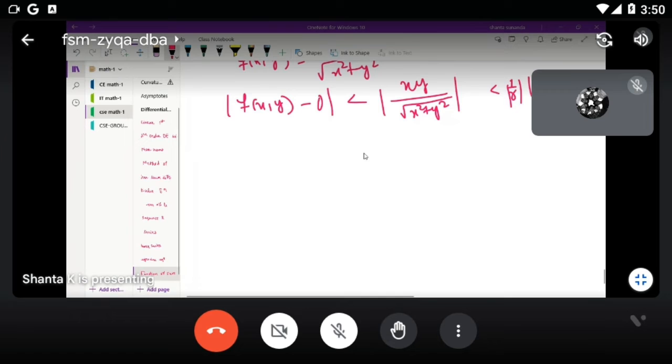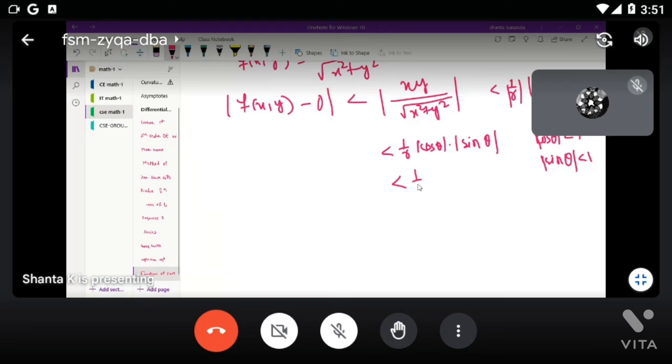If you want, you can write r by 2 sine 2 theta, or keep it like this. You can use the fact that cos theta is bounded by 1, and sin theta is also bounded by 1. So here one r will get cancelled. We have r. R is a positive number, so we don't have to put magnitude. Now, if you want, you can write it like this, or you can also write that 2 theta form.